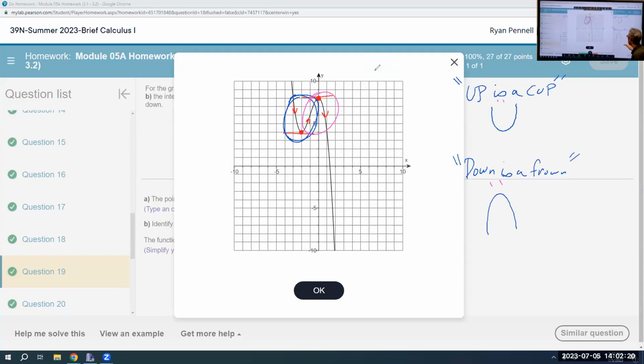Those all make sense. So if you're looking at the function, where is it up? Well, where is it like a cup? It's like a cup here. So I'd say from -infinity to 0, it's like a cup. Where is it like a frown?